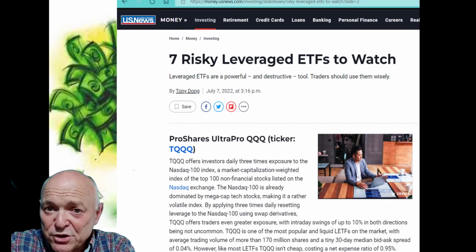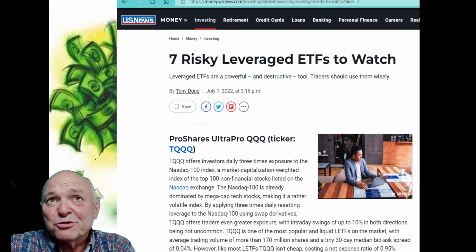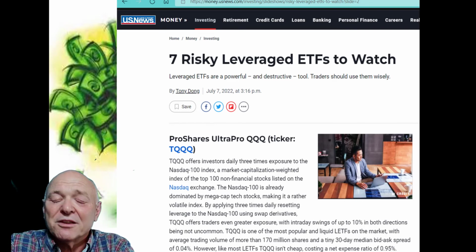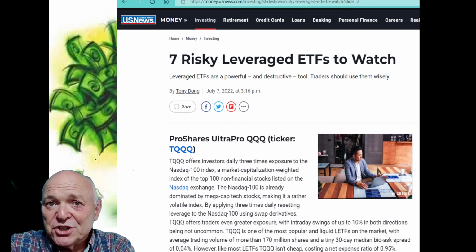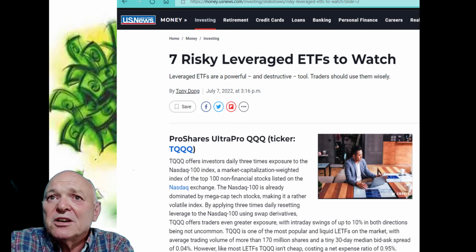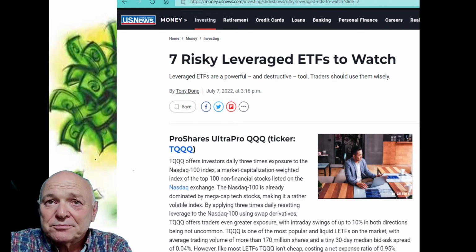I mentioned leveraged ones, and in this particular article from US News, they identify several different leveraged ETFs. One here is called ProShares QQQ.